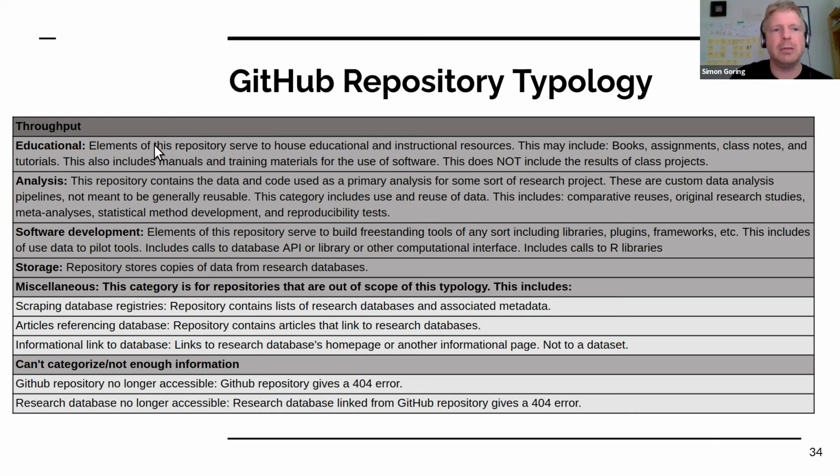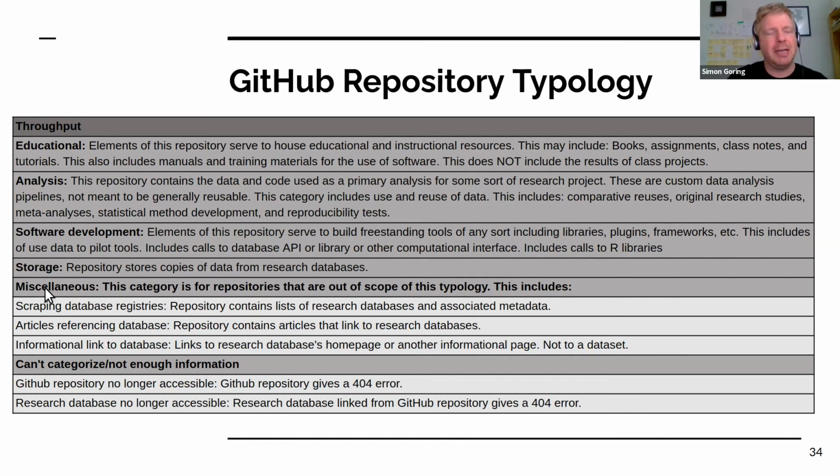So is the GitHub repository educational? Is it like class notes? Does it present analysis? So some sort of workflow to produce a set of graphs or a set of statistical results. Is this a software tool? Is it an API or some other computational interface? Is it just storage?